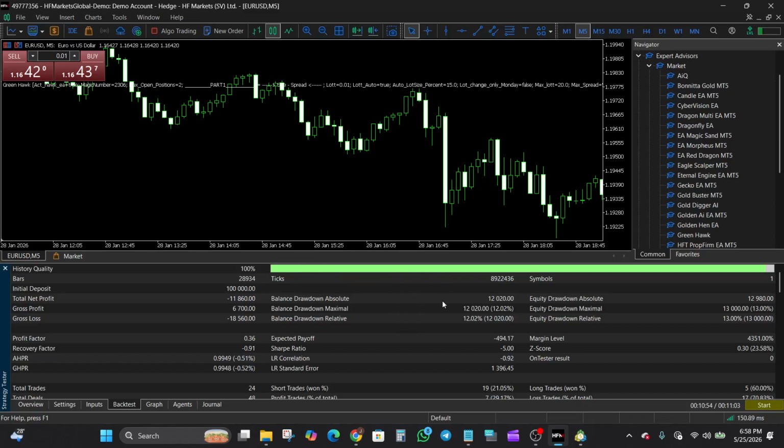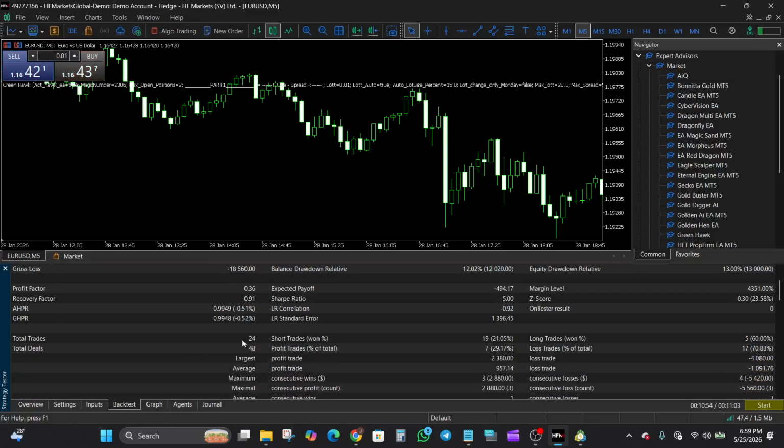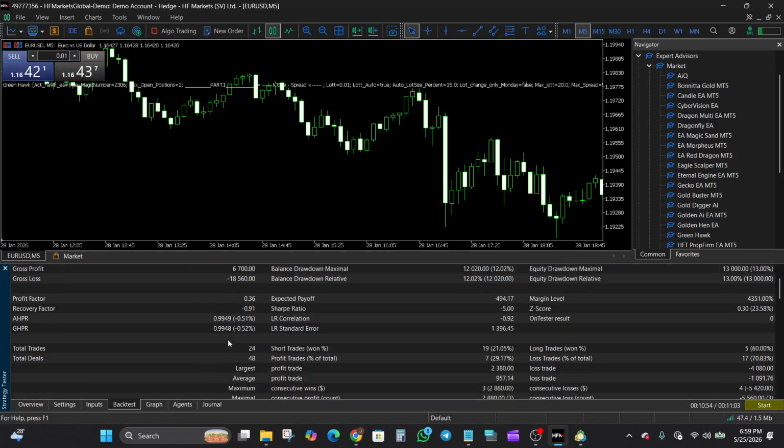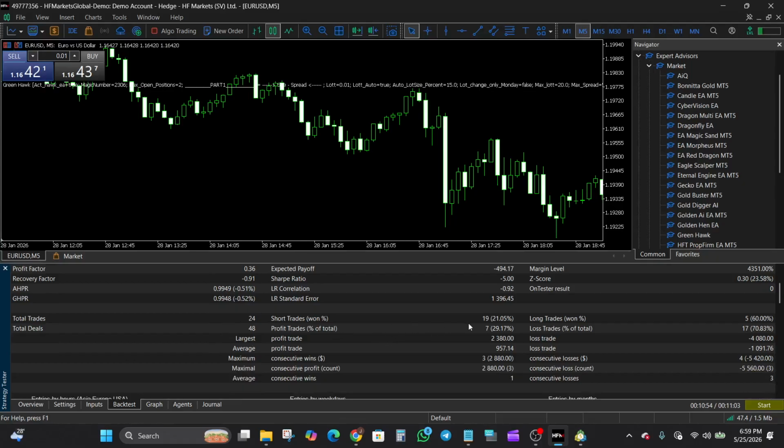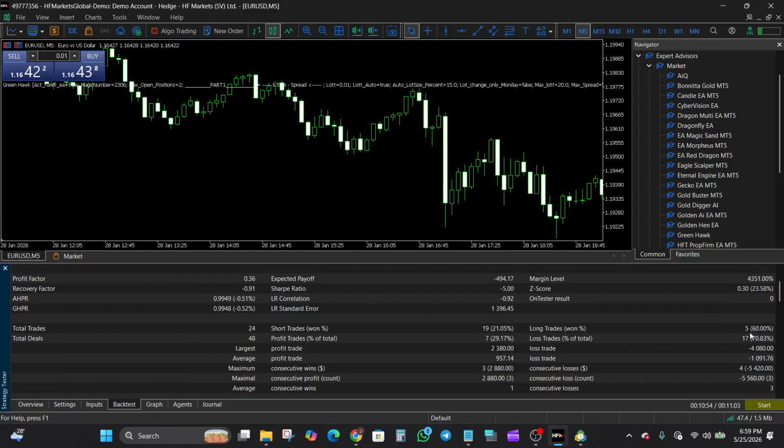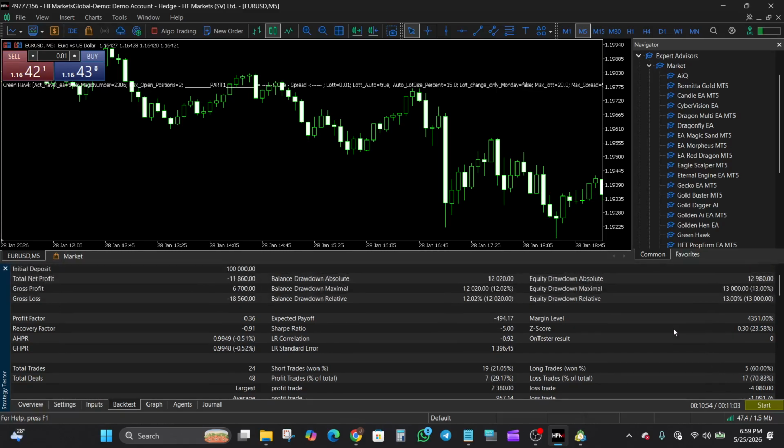Okay, we can see that from an initial deposit of $100,000, the total net profit is negative $11,860. And then we had 24 total trades taken. Okay, short trades were 19 with a 21.05% win rate, and the long trades were 5 with a 60% win rate.